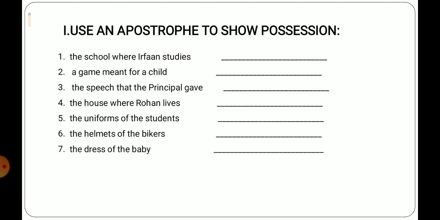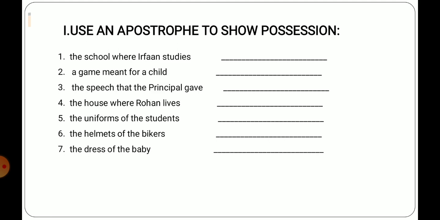Now here, who is the owner of the uniform? Students. And student is plural over here. It's students. So you will be putting apostrophe after S. Students' uniforms. The helmets of the bikers, bikers' helmets. The dress of the baby, the baby's dress.